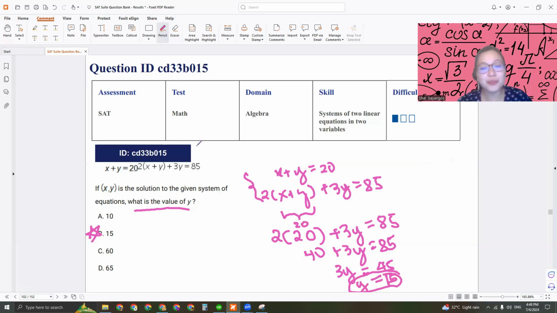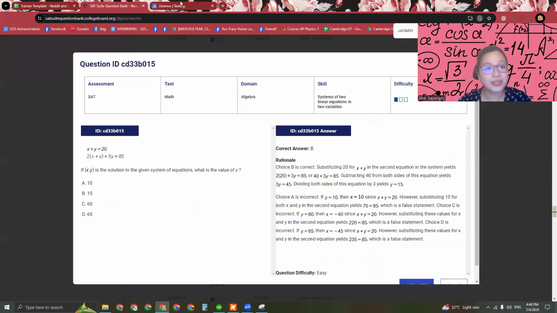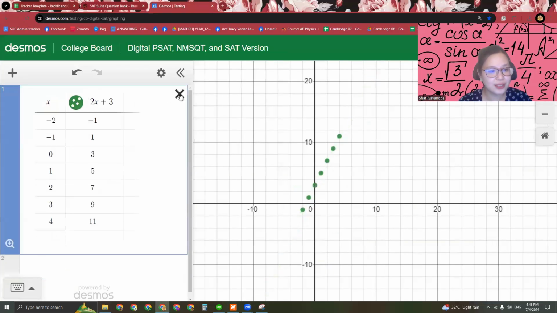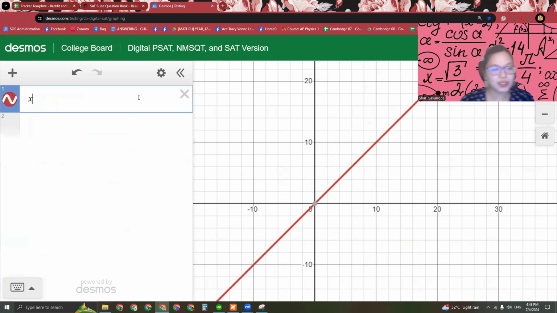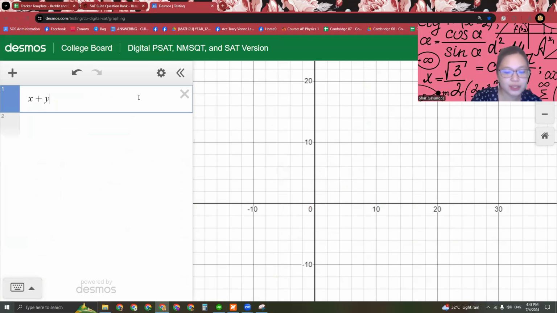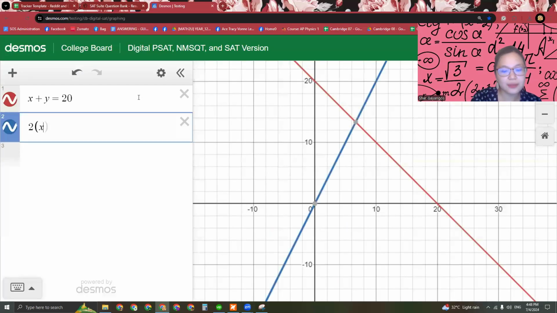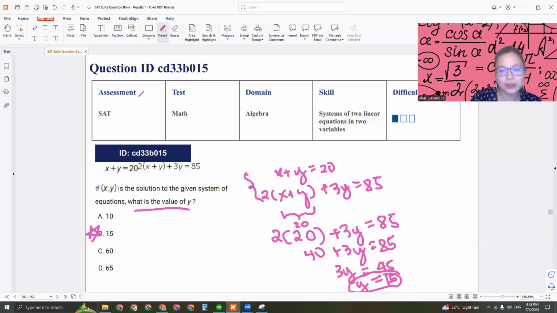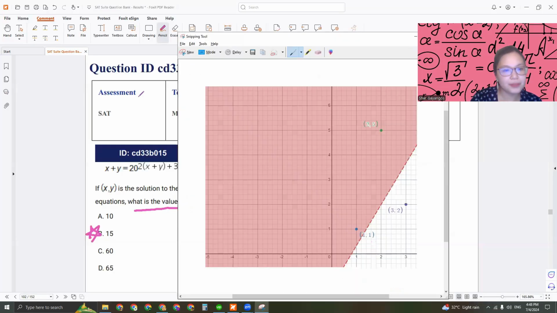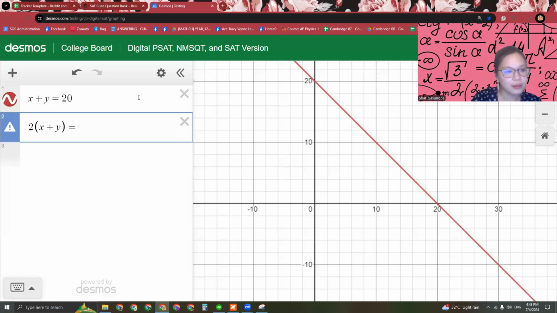Okay, how do we use Desmos to solve systems of linear equations? Let me show you. Just type in the equations that you have. So we know x plus y is 20. What else? 2 times x plus y plus 3y is equal to 85.